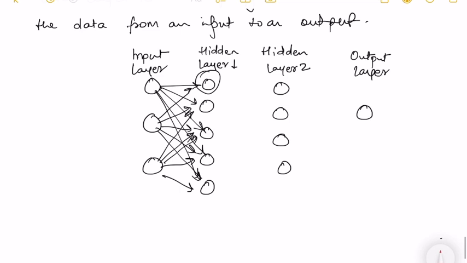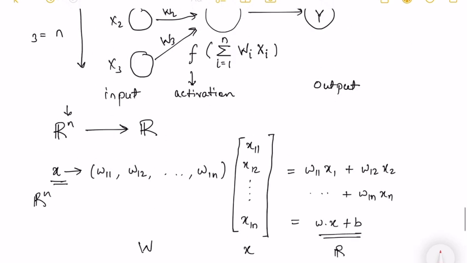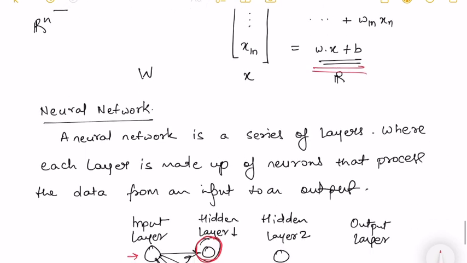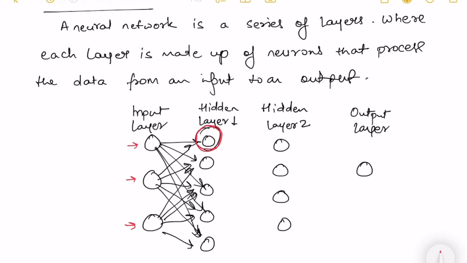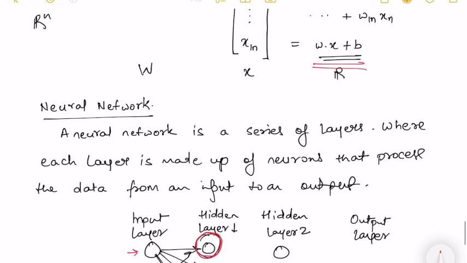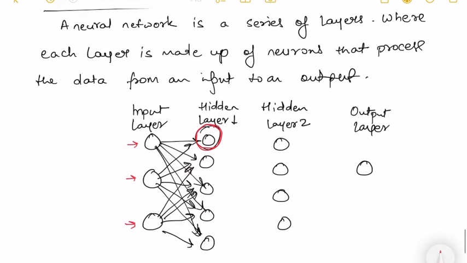So this neuron in hidden layer 1 will take in values from each of the input neurons, apply the function that we saw here, and if this value is above a threshold, or whatever the activation function is, so the threshold depends on the activation function. So whatever the value is, the linear combination of all the inputs plus a bias term, and then passed through an activation, will be transmitted through this neuron in the hidden layer to the following layers.